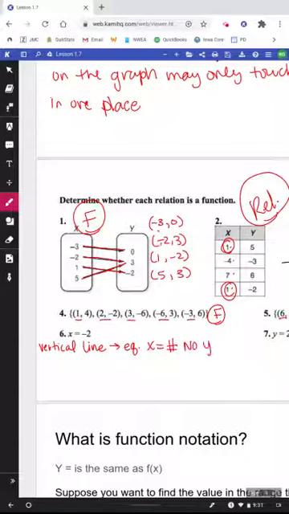So it will not cross the y-axis. Then for a horizontal line, it's always y equals a number, and there's no x, so this one will not cross the x-axis.